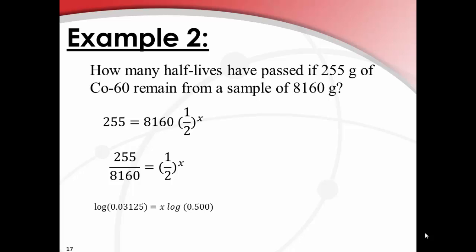So I'll take the log of 0.03125 equals x times the log of 1/2, since x comes in front of the log. Now I'm going to divide by the log of 1/2 to solve for x, so that I have the log of 0.03125 divided by the log of 1/2, which gives me 5 half-life periods have passed by.